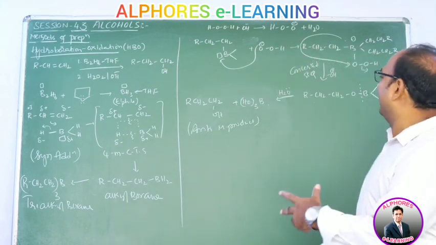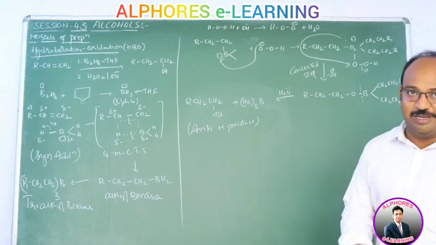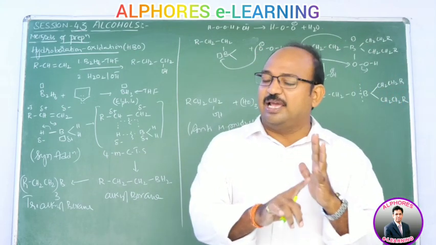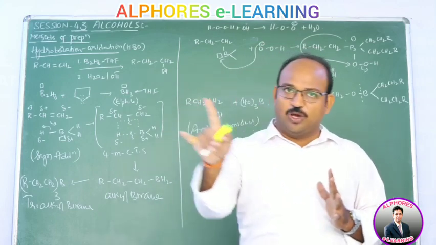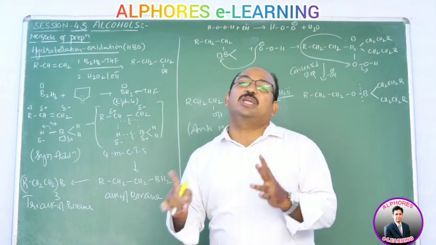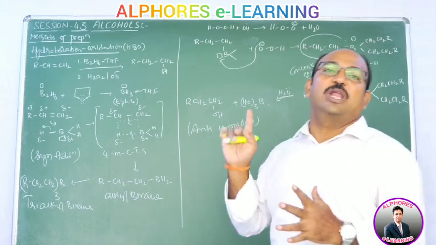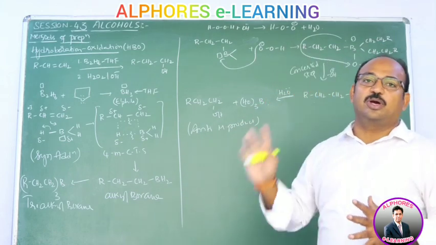Now I am going to give a few examples. For that, you need to write all three possible products: for acid catalyzed hydration, what product you are going to get; for oxymercuration-demercuration, what products; and for hydroboration-oxidation, what products.